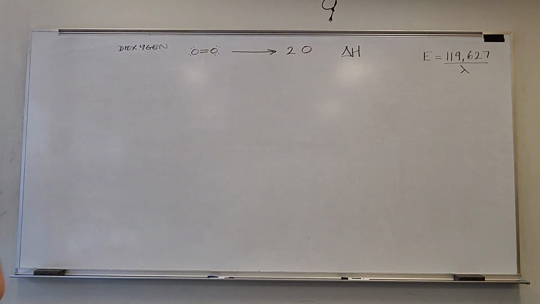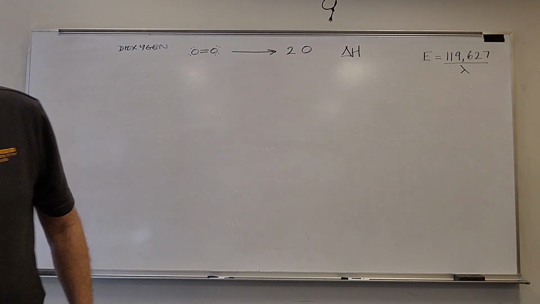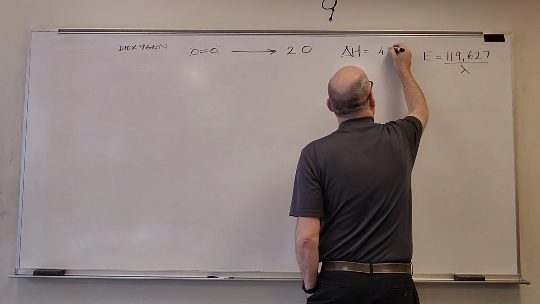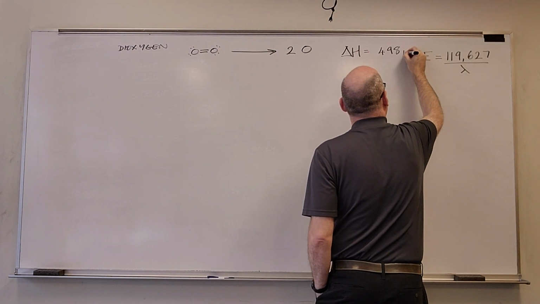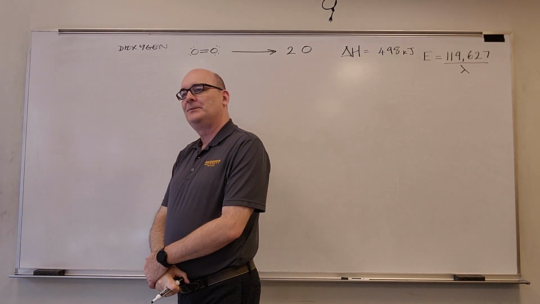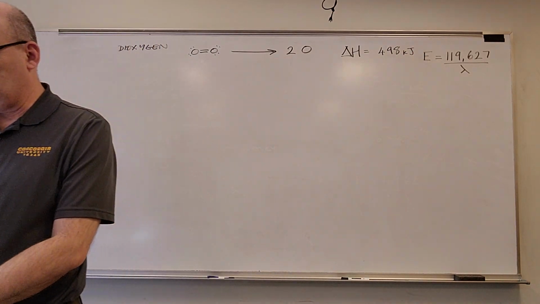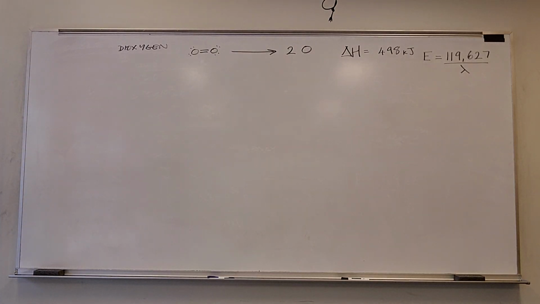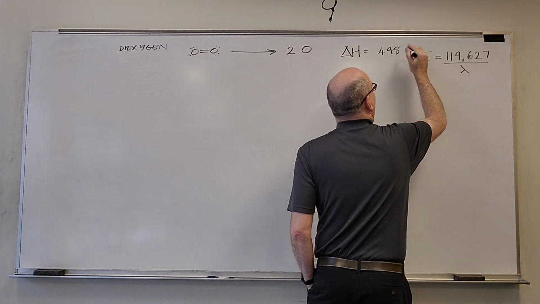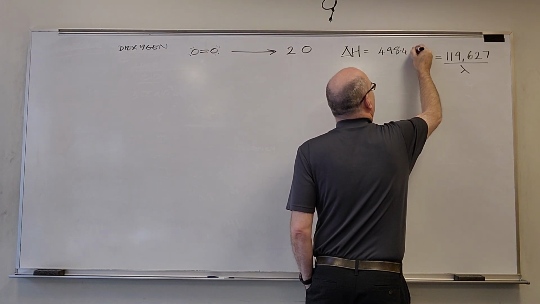And the value for this is 498,000 joules. 498 kilojoules. Now, in our book there's a decimal place there. Let's write that down because we will be using this number.